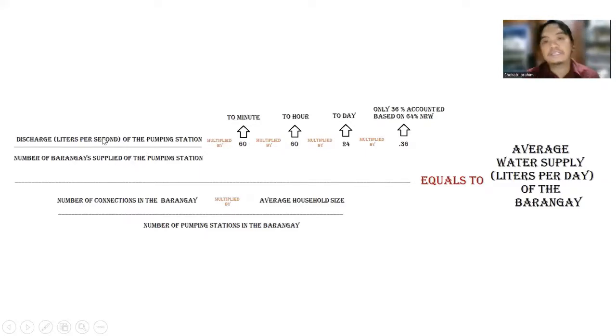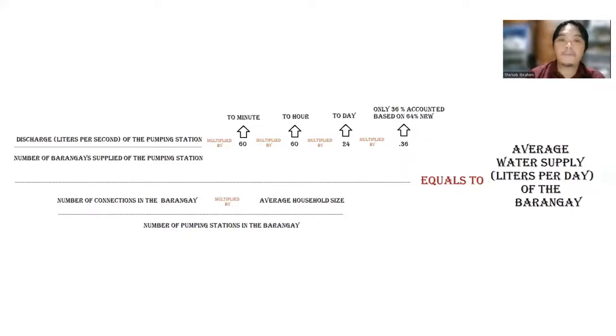This was discussed in the previous slide. Then we multiply it by 60 to convert it to minutes, then again by 60 to convert it to hours, and then by 24 to convert it to days.